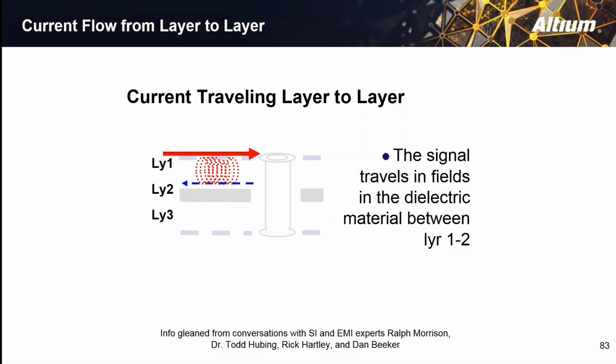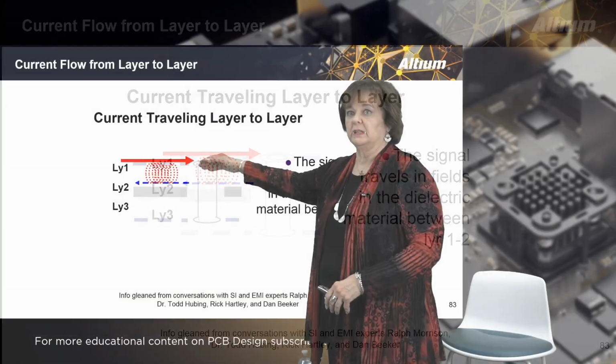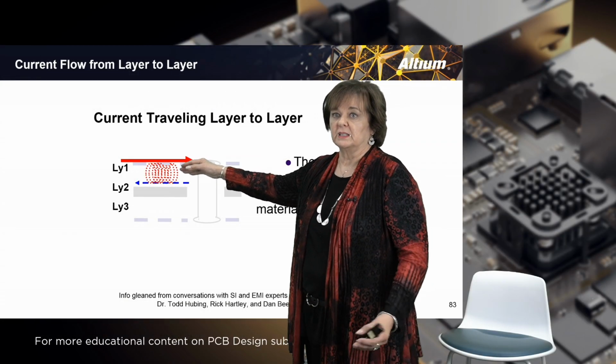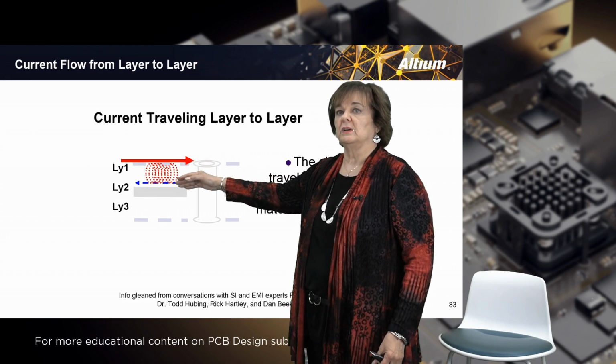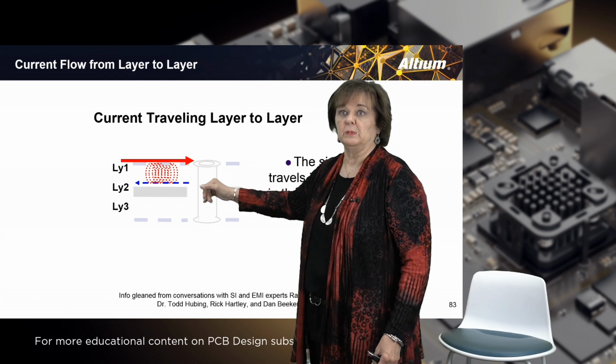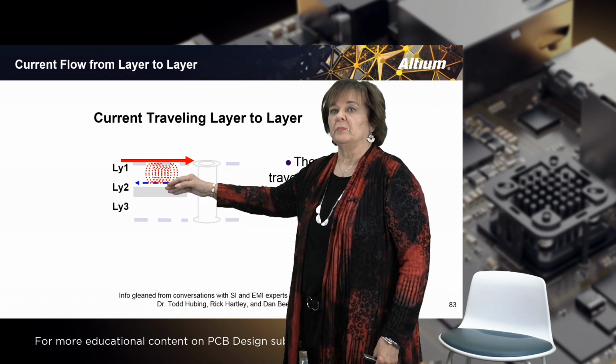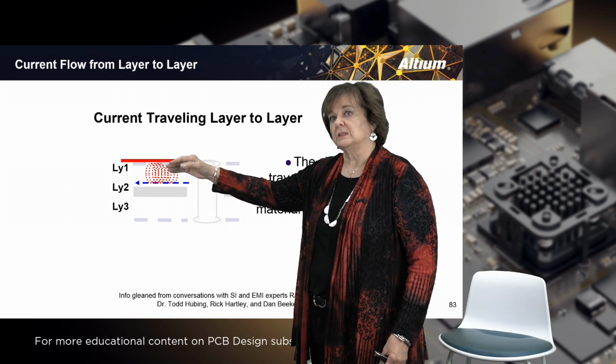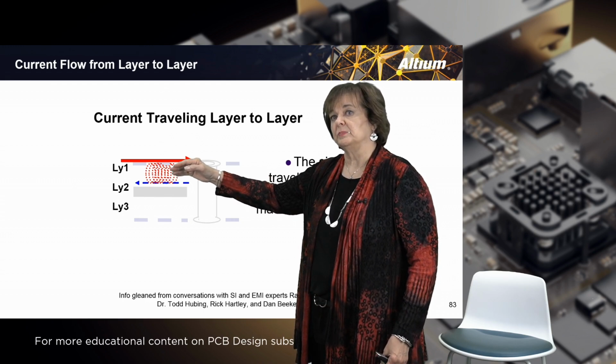So back on layer 1 to 2, we have the signal routing on the top layer in this example, and it's returning down on the top layer of layer 2, which is a plane, a ground plane most likely. So the energy is contained in the dielectric material between those two.